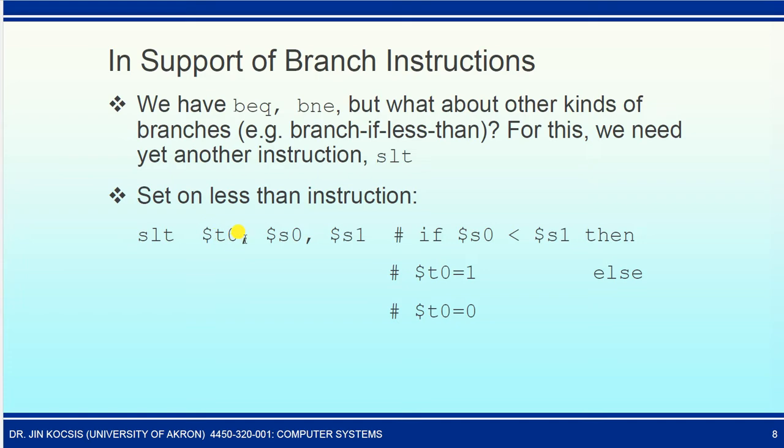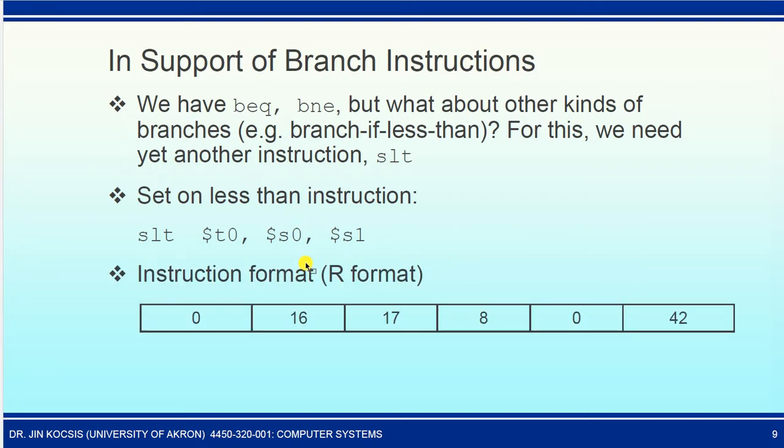Otherwise, the destination operand will be equal to 0. Now, before we move forward to talk about how to represent branch if less than, branch if larger than, and so on, by using branch if equal, branch not equal, and set on less than, let's focus on set on less than itself for a little bit.